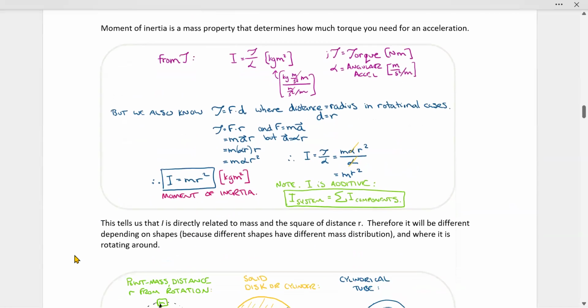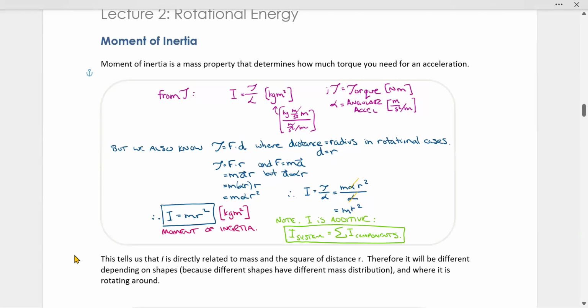I've just rearranged the torque formula to solve for I. Torque is in Newton meters, angular acceleration is in meters per second squared per meter, and once these cross out, because a Newton is a kilogram meter per second squared, the meters per second squared cross out, and then I have a 1 over meter in the denominator, which goes up, and it gets this m squared.